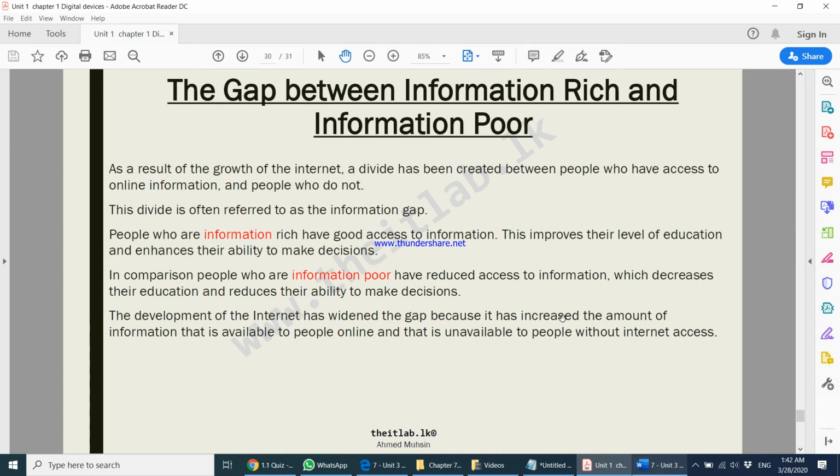So they are saying because of the internet, the gap between information rich and information poor has expanded a lot. Okay, because those who have access to the internet have access to a huge amount of information, while those who do not have access to the internet have hardly any access to information. They are just limited by the television and radio. Okay, so they are saying the introduction of the internet has actually widened this gap. Okay, it's a debatable topic.